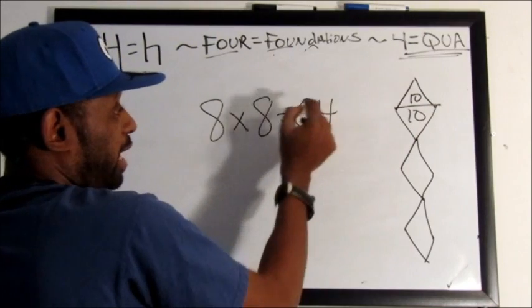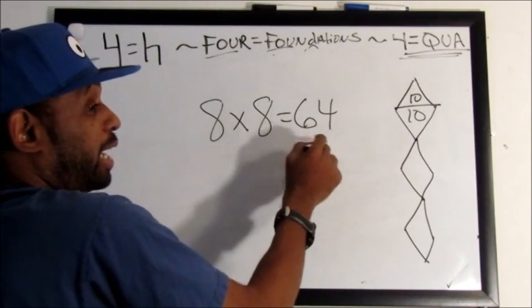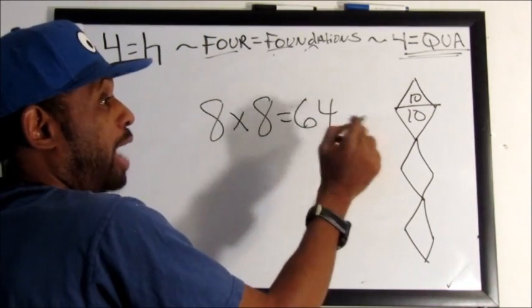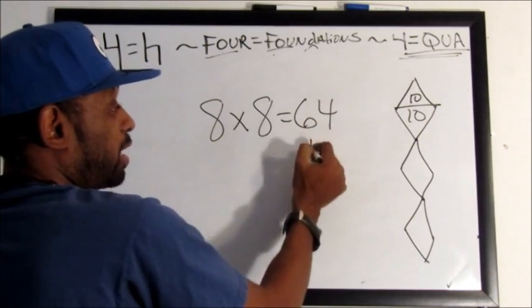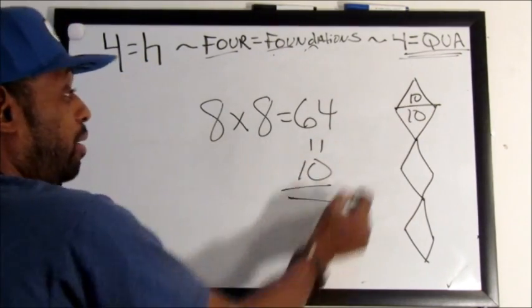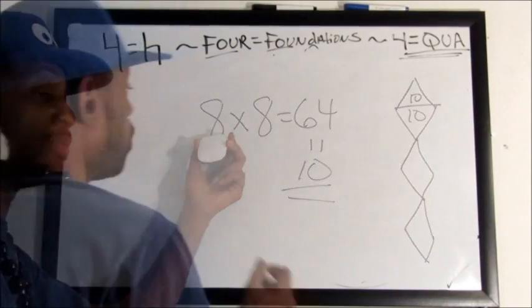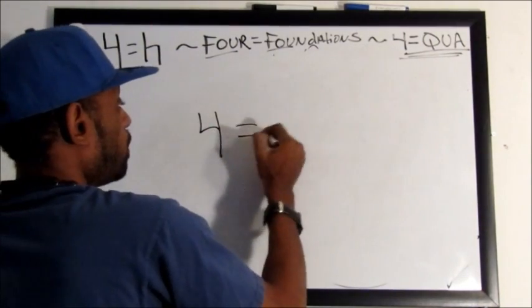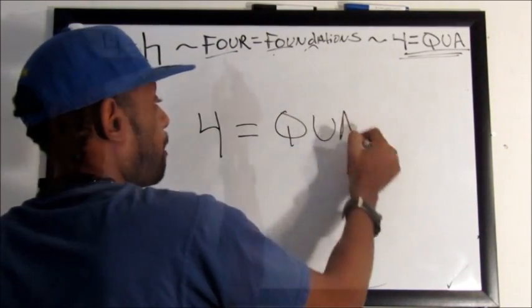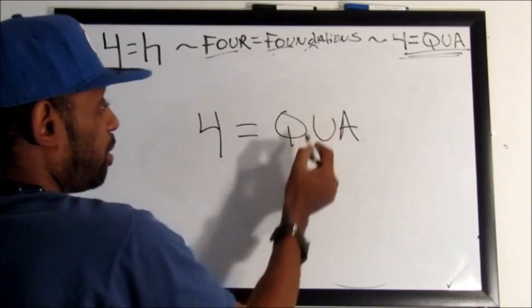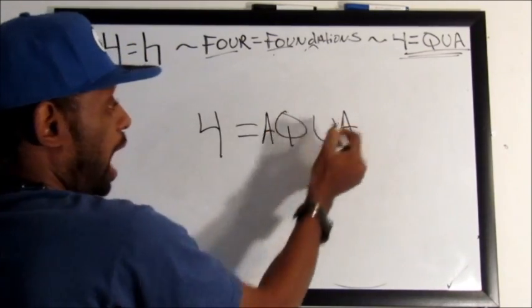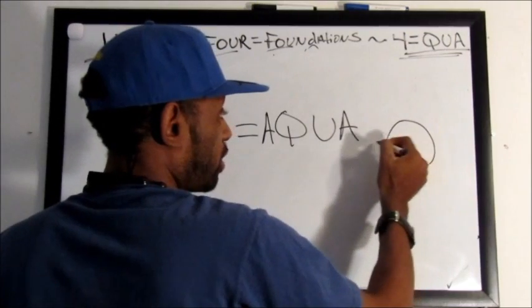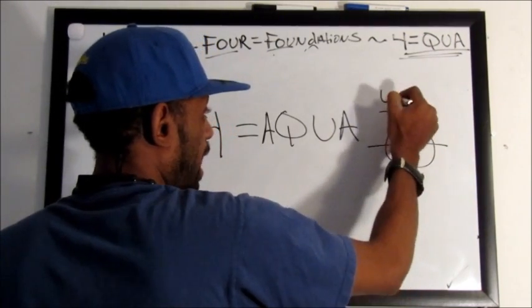And remember, 6-4 Impala. I went over that in the previous videos on Anchor Watt numerology. Check them out. 6-4 bring you right back to 10, which is the binary code. So remember, 4 equals qua, and it equals the foundations, where the aqua, or where the waters above reside.